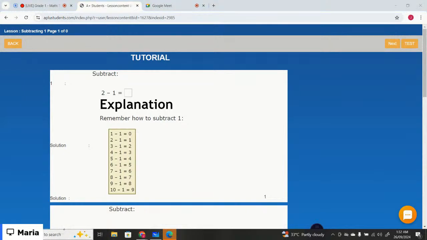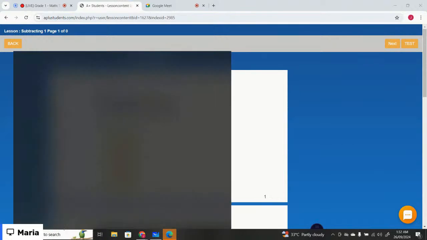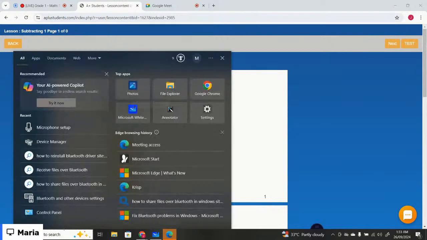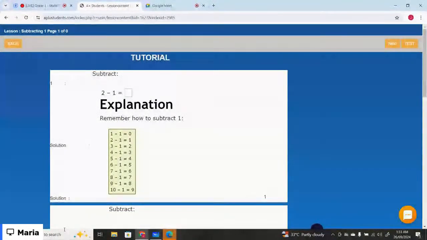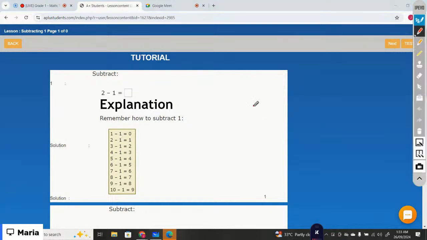There are so many ways to subtract. You can find a way that is to take away. 2 take away 1, right?